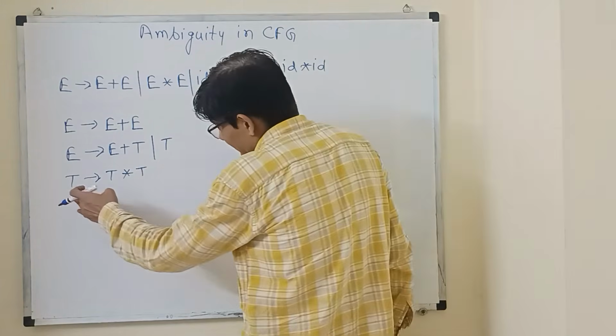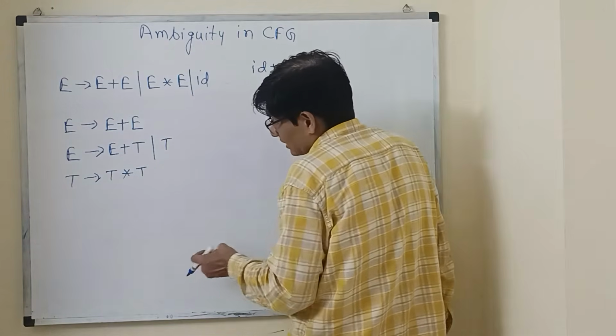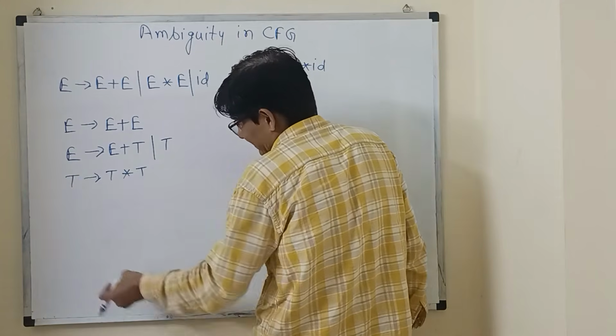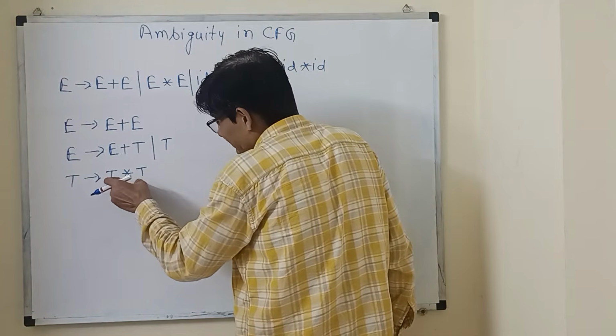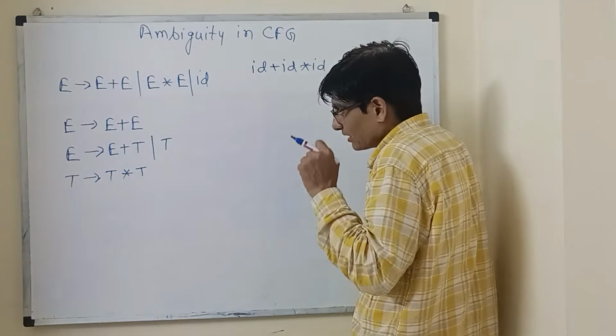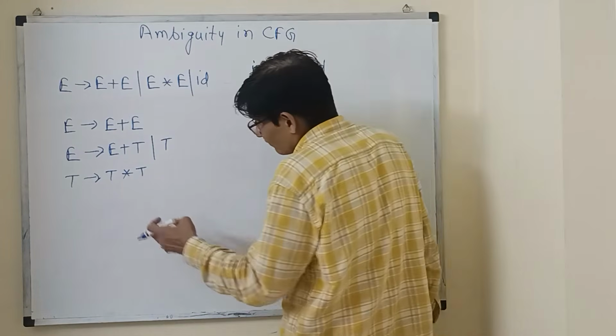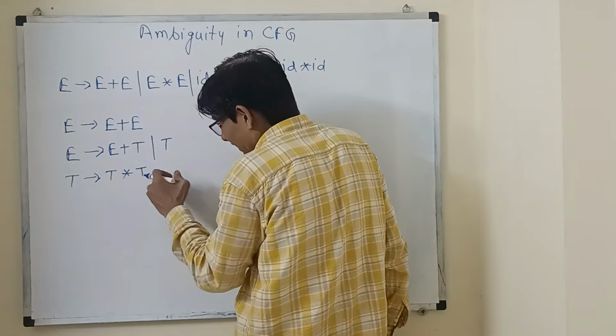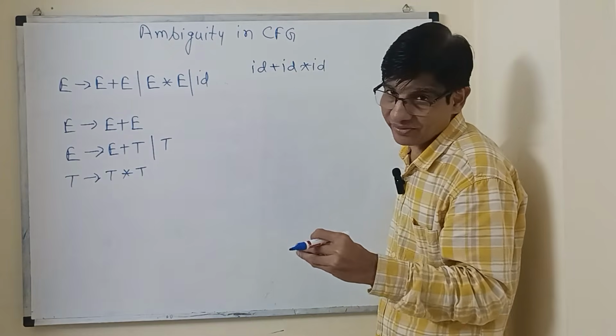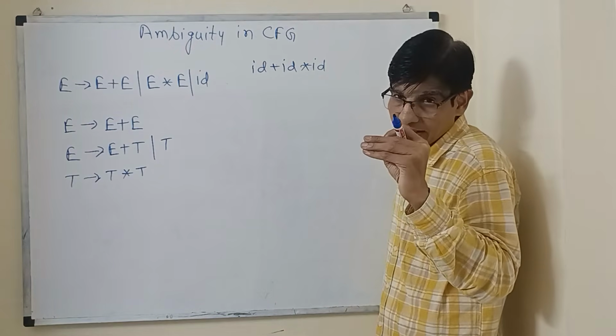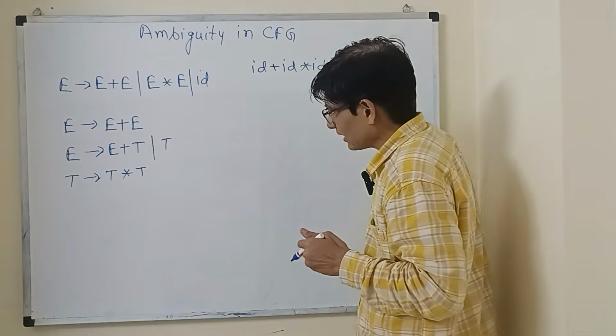Now again, this is having the same form. The left-hand side variable is also having two occurrences in the right-hand side. Again, we can replace one occurrence of the right-hand side variable with a different variable.